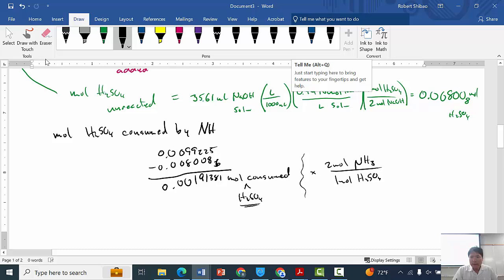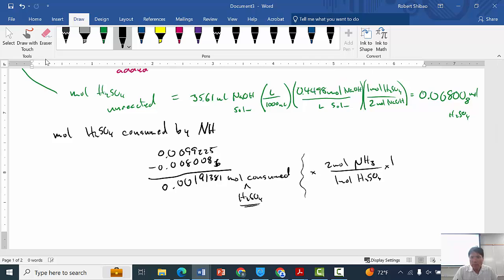All right, so then I'm just going to continue this. 1 mole of nitrogen for every 1 mole of ammonia, and then 14.01 grams of nitrogen for every 1 mole of nitrogen, and then times 100 grams of protein per 16 grams of nitrogen.